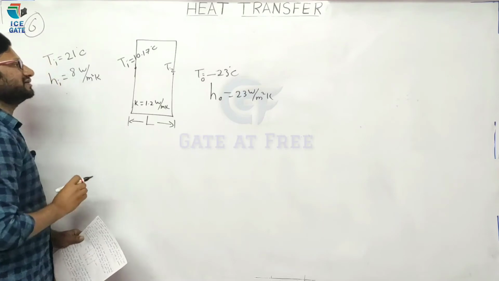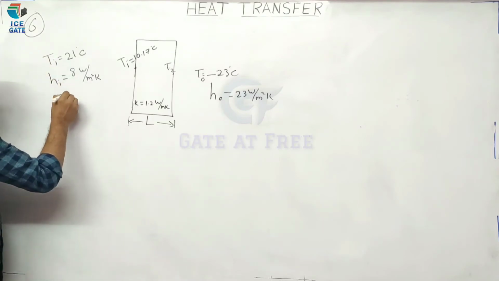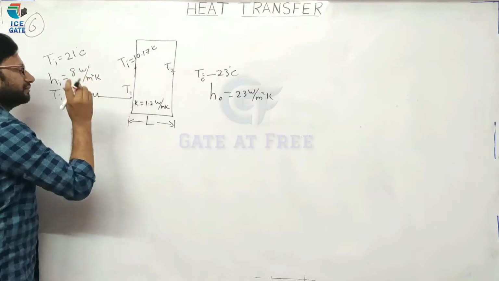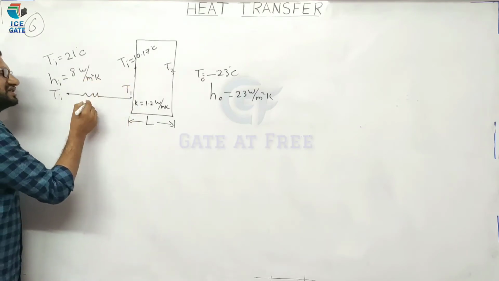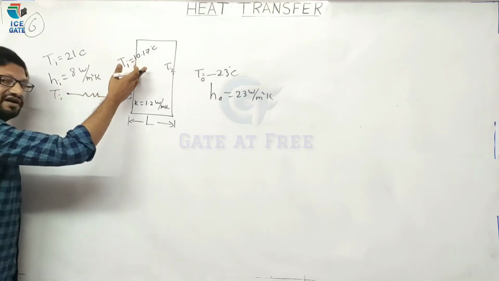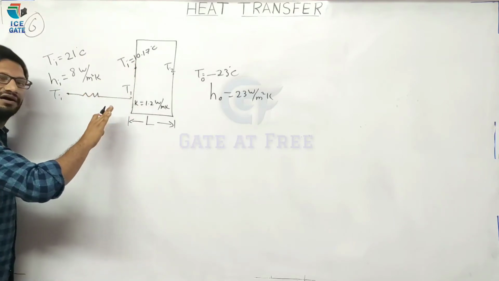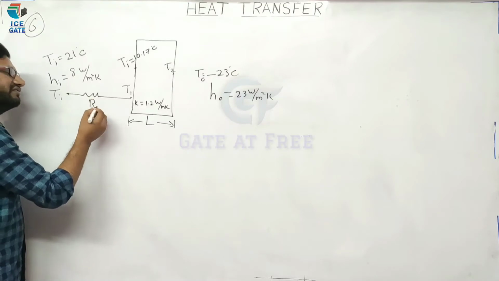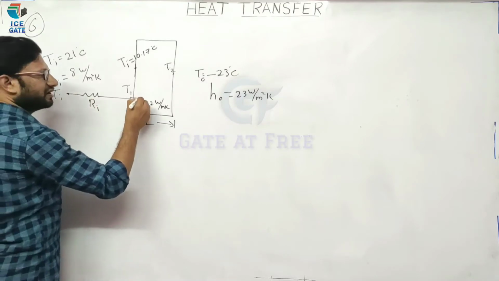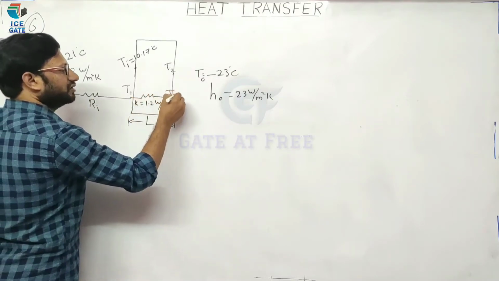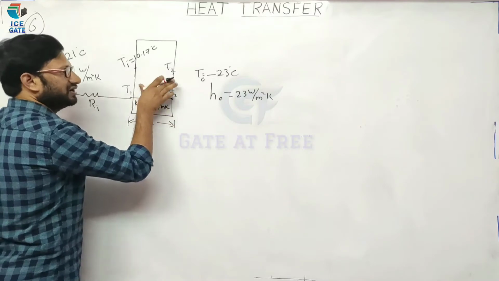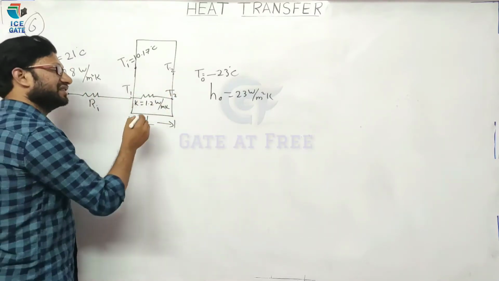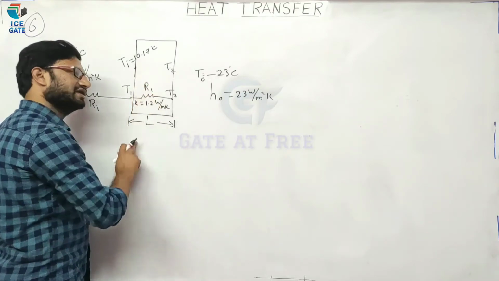Now how to calculate? From Ti to T1, the resistance is from fluid to solid surface. It is convection heat transfer, so the type of resistance is convective resistance. Take it as Ri. From T1 to T2, it is a solid object, the mode of heat transfer is conduction, so the resistance is conductive resistance.